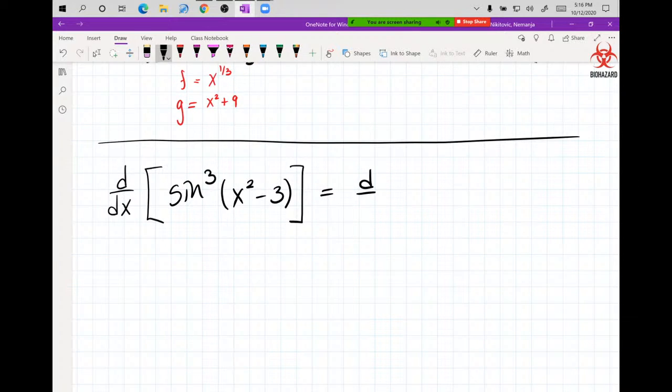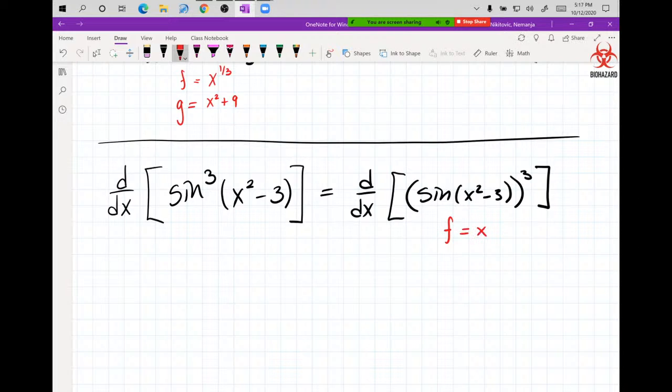I'm going to rewrite this as sine of x squared minus 3, and then I'll put everything cubed. So now we see that the outer function f is x cubed. Then we dig one level in, and that's going to be sine x. And then we dig one more level in.